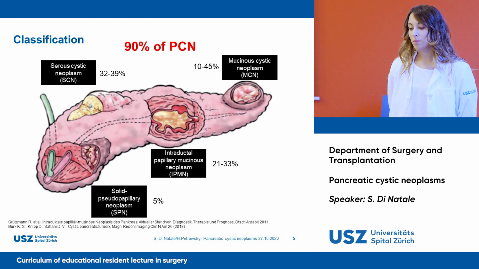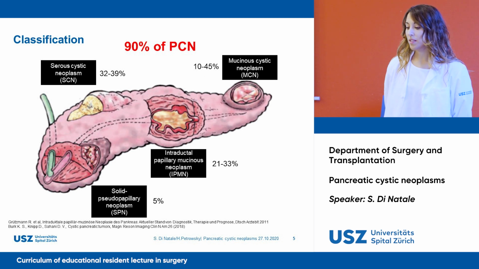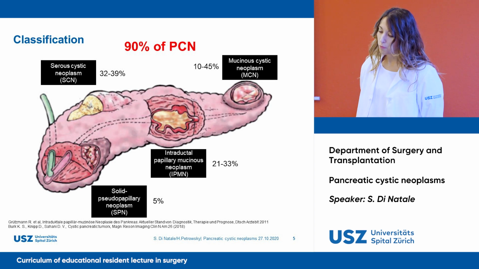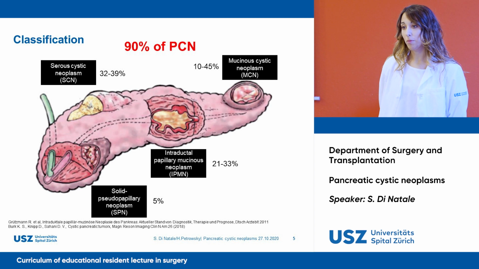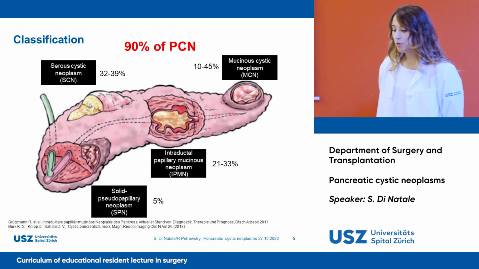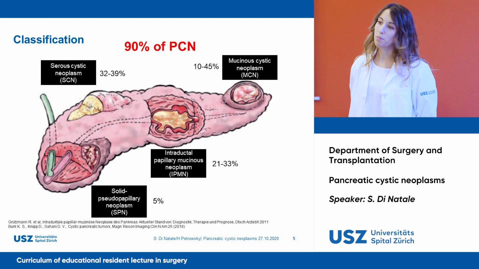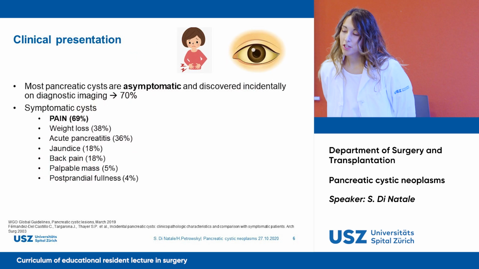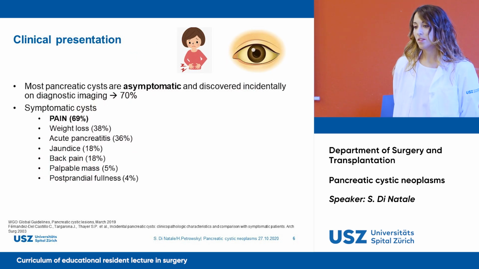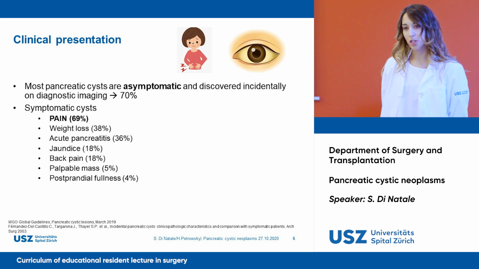Serous cystic neoplasms account for about 30 to 40, mucinous cystic neoplasms for about 10 to 45%, solid-pseudopapillary neoplasms for about 5%, and intraductal papillary mucinous neoplasms for about 20 to 30% of the pancreatic cystic neoplasms. As I mentioned before, most pancreatic cysts are asymptomatic and discovered incidentally on diagnostic imaging.